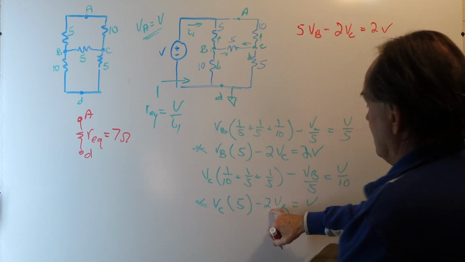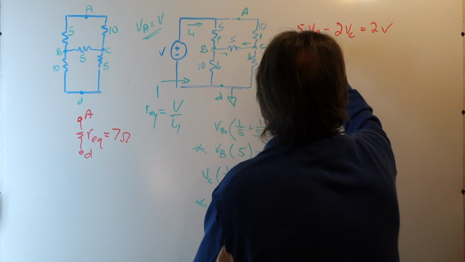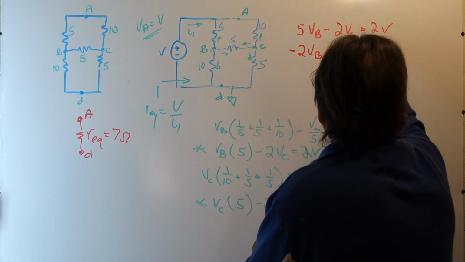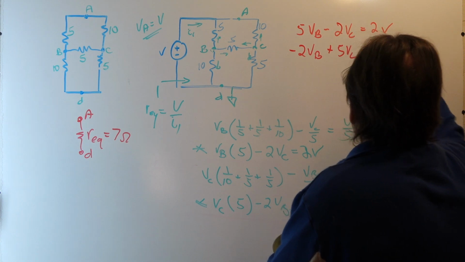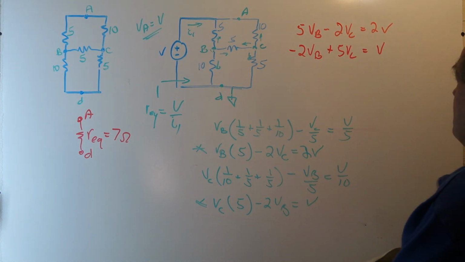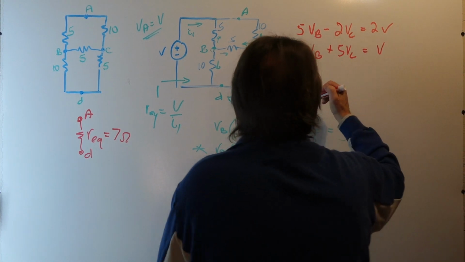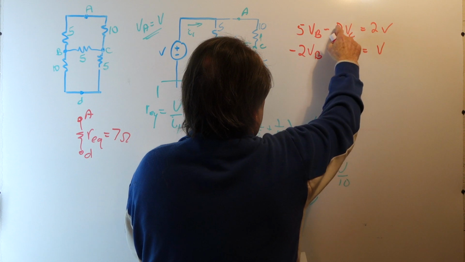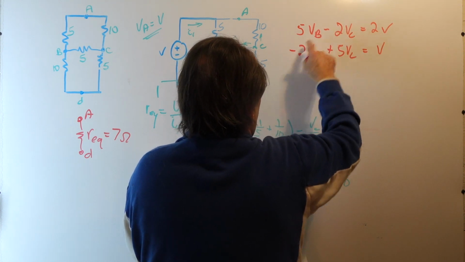And then I have minus 2 VB plus 5 VC is equal to V. Again, notice that if I wrote this in matrix form, our coefficient matrix will be symmetric. That is, the off-diagonal terms will be symmetric.